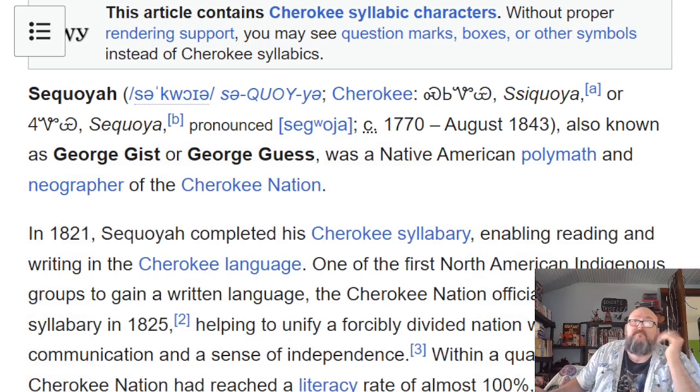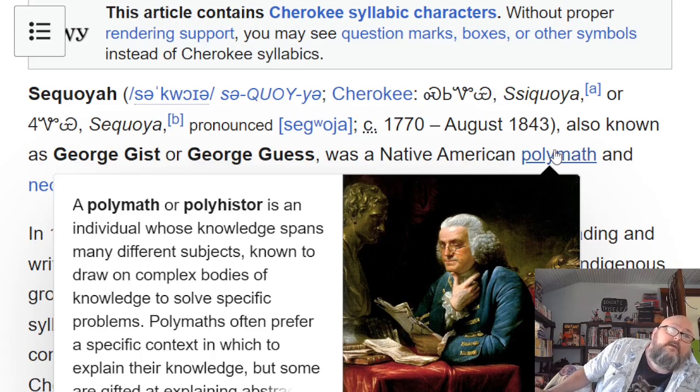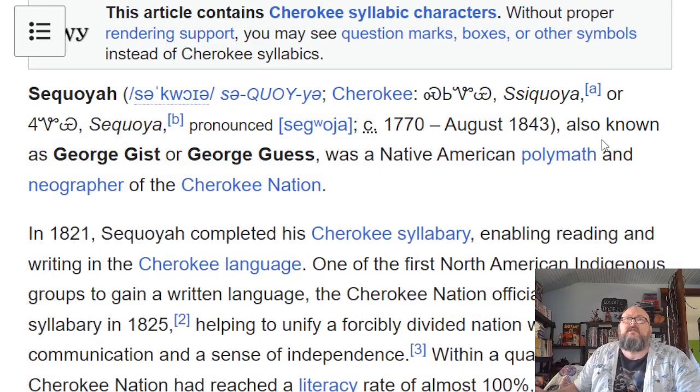But yeah, polymath means you speak multiple languages. I'm familiar with that word. Is an individual whose knowledge spans many different subjects, known to draw on complex bodies of knowledge and solve specific problems. I'm going to be thinking a polyglot that speaks multiple languages. Anyway, yeah.